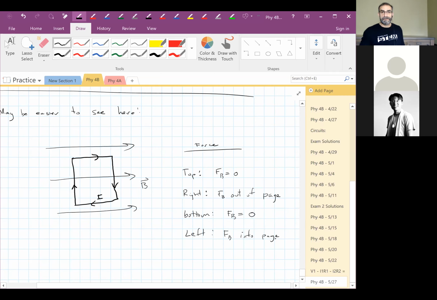You okay with this one? And when we add these up, what do we get? We get F net is equal to 0. No net force. But what is there?